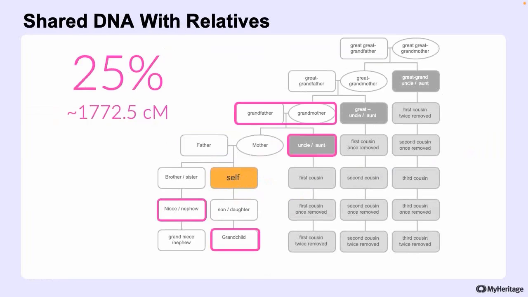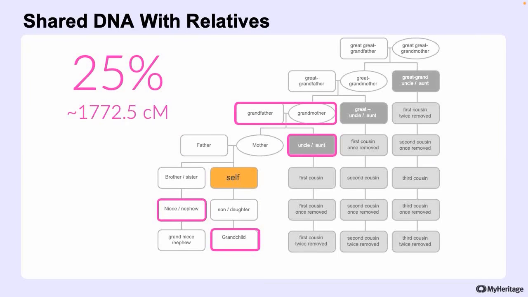Now, 25%. Let's go down. We share 25% with each of our grandmothers and 25% with each of our grandfathers. But in terms of genetics, it's actually the same amount that we share with a person who can be our uncle or aunt, or our niece or nephew or grandchild.